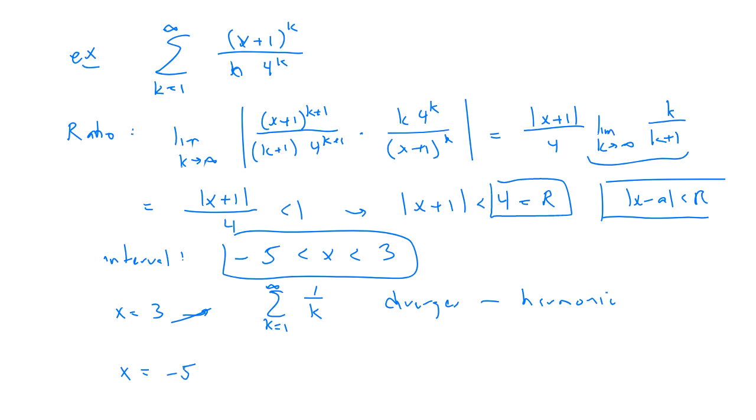If I put in -5, again, I'm going to skip the middle step. In the numerator, we'll get -4 all to the power k. And then in the denominator, we'll still have the k and 4 to the k. And I will get that. Again, let me wait a minute. Do you have any questions on this? Okay. What type of series is that? Okay. So this is alternating.